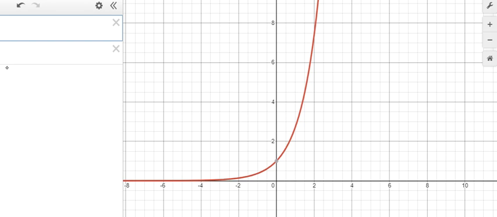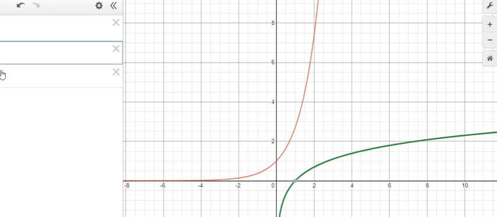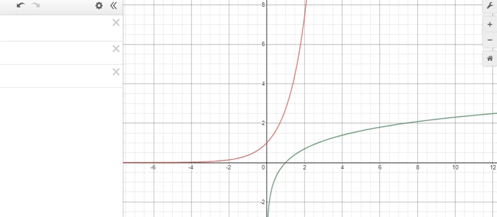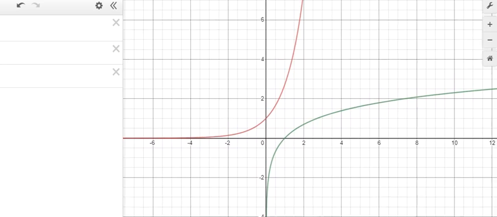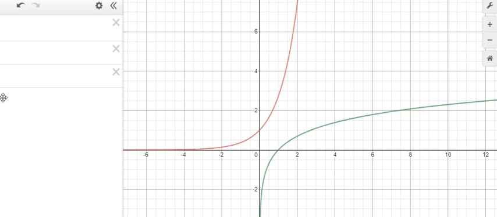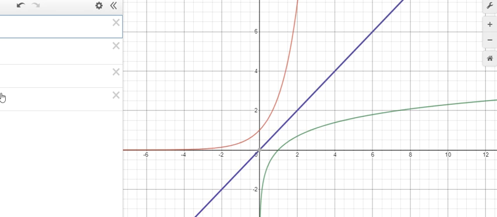And similarly, if I develop here my logarithmic curve, y equals ln x, you see this green curve and this red curve are exactly reflections of each other with respect to the line y equals x.